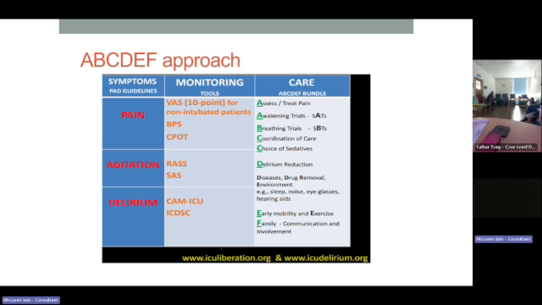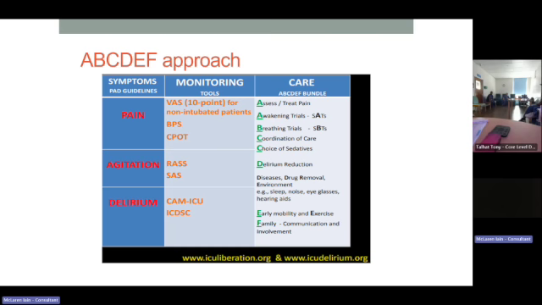So in terms of the care approach, assessing and treating pain is very important, and the Americans seem to think they discovered this, but in Europe we've been doing this for a lot longer. Allowing patients daily awakening trials, so sedation holds should be the norm.